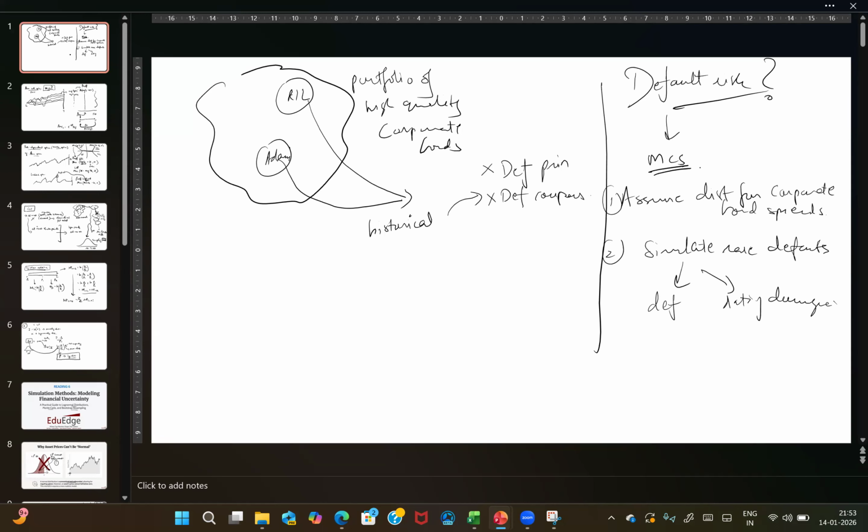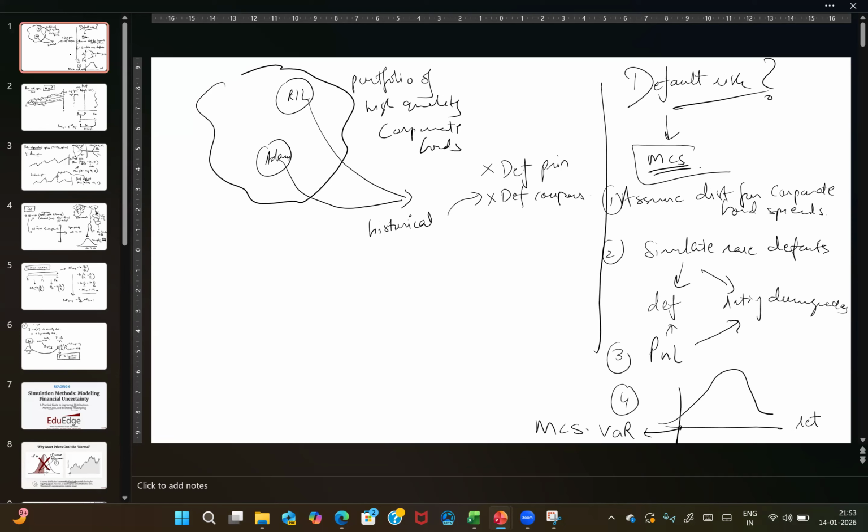And then we are going to calculate what is the P&L out of these rare events, and then create a distribution of these P&Ls. And then the value at risk coming out from such a returns distribution is basically your MCS value at risk. And that's where Monte Carlo simulations is useful.